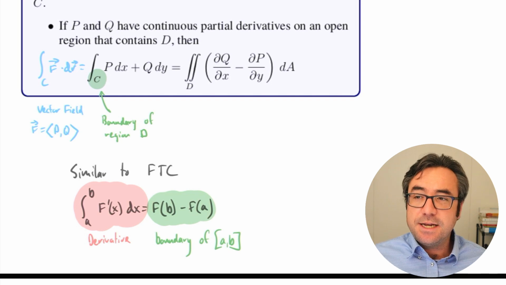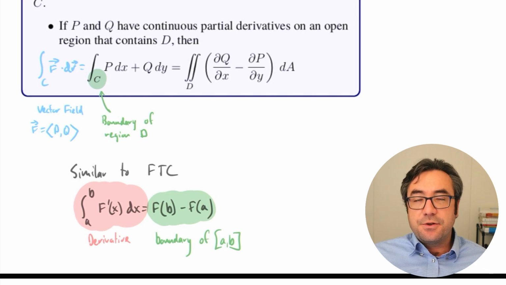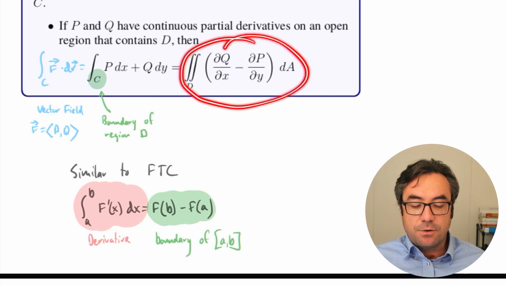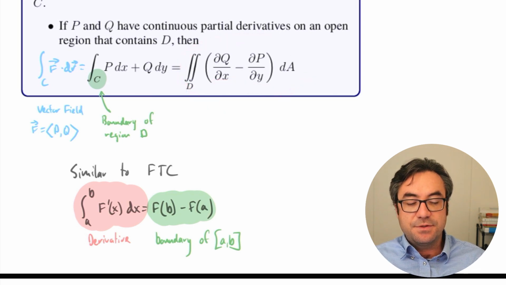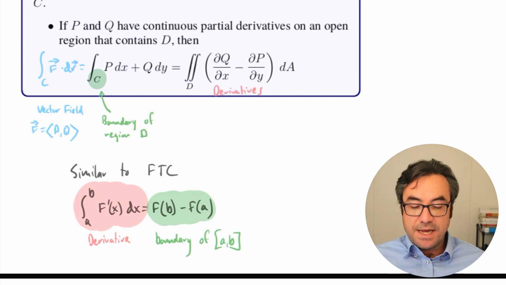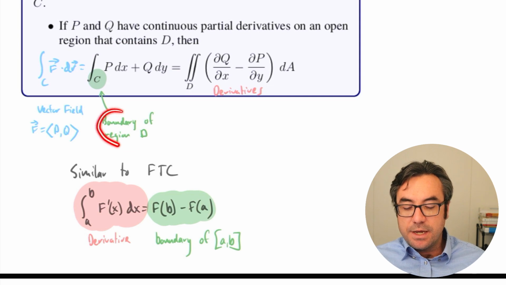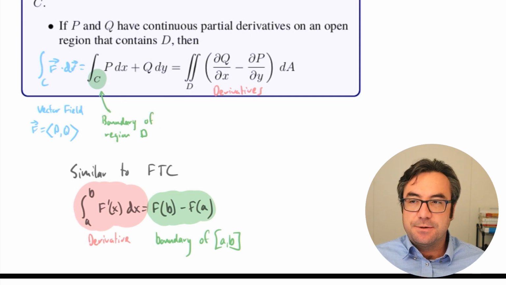Now for our case here, this is a fundamental theorem for double integrals. We have this double integral over here that involves some derivatives, and what we're saying is this is equal to this line integral where we're looking at just the boundary of that region.